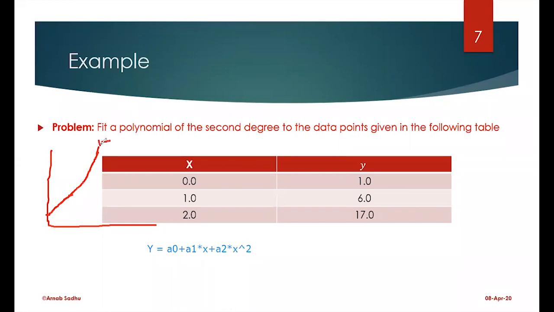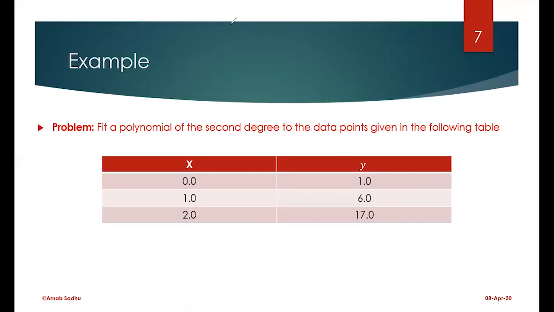So obviously it is best fitted with a polynomial of degree 3, but we want to fit into a polynomial of degree 2 only. So obviously it will be a fit with some error. Whenever we are fitting some polynomial, it will have some error value.